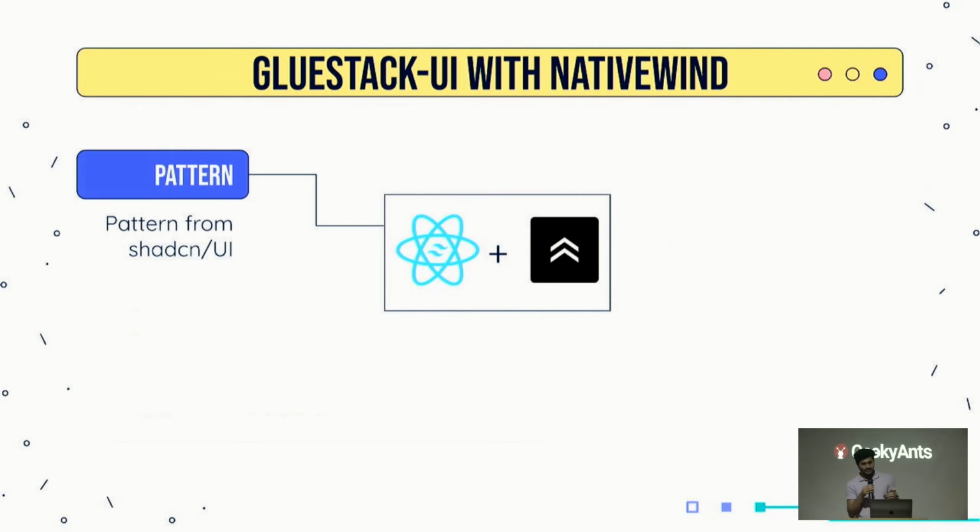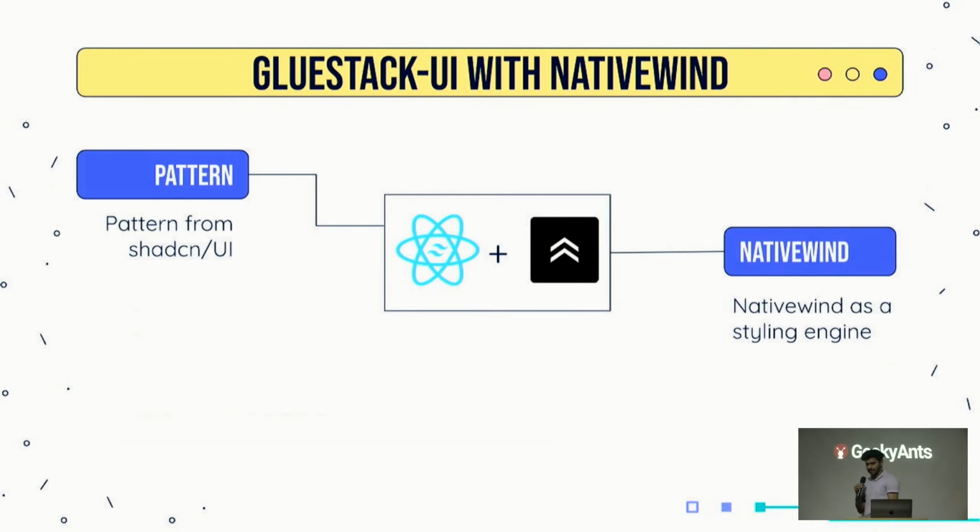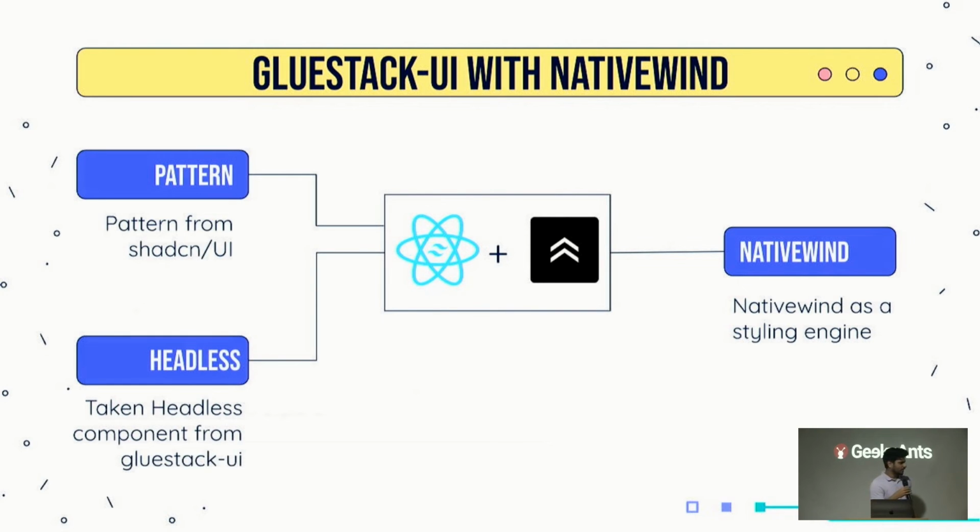We also added our own patterns to it, and we use Nativewind to provide Tailwind-like syntax. So the styling engine used in gluestack-ui with Nativewind is Nativewind. We also extracted headless UI components from gluestack-ui, and we are combining all these things to create a pattern which you can use and scale.